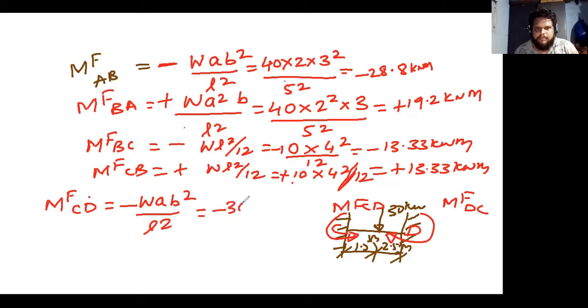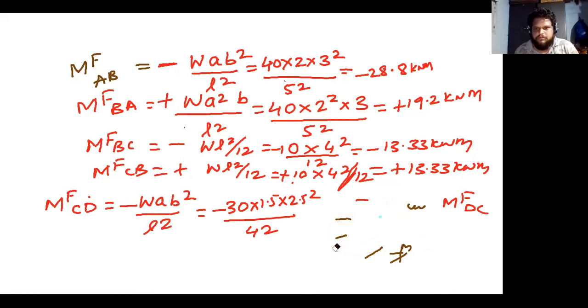W is 30, A is 1.5, and B is 2.5 times square by L. Total L is how much? 4 square. Okay. So if you solve this, how much you will be getting? So you will be getting minus 17.58 kilonewton meter.